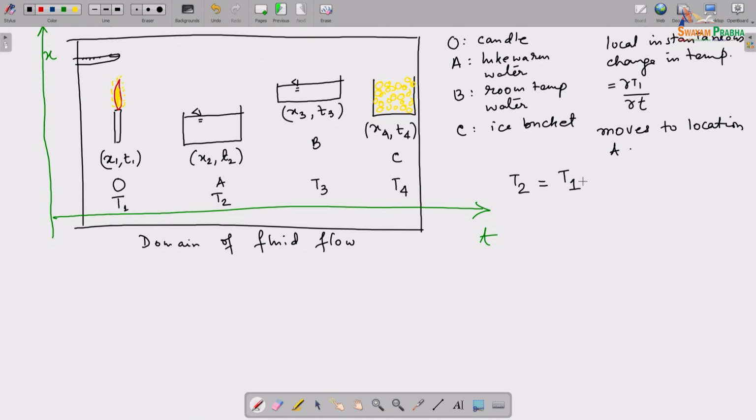Well, T1, so that was a local change, plus, it moves through say distance x. So, there is a change because the temperature is moving through x, but at what rate? Let us just say u naught.